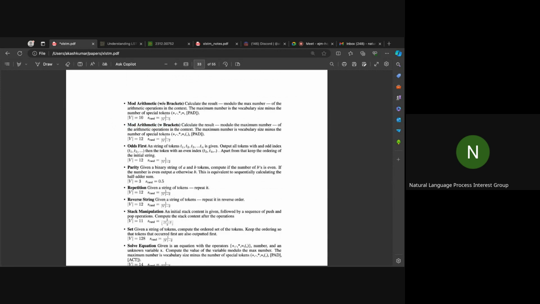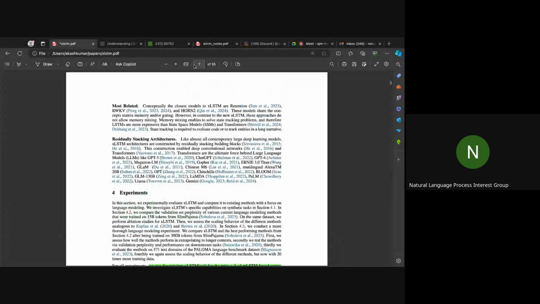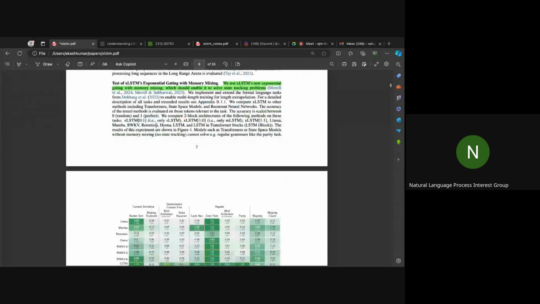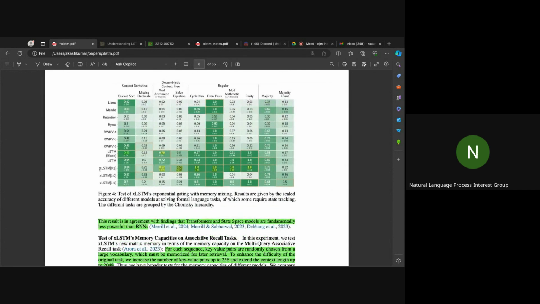All these tasks require remembering information present in the sequences and trying to solve or reason based on that, following specific rules. If you see here, the best performing model is the sLSTM block because of its updated memory capabilities, and it is really good in most of the tasks present here.